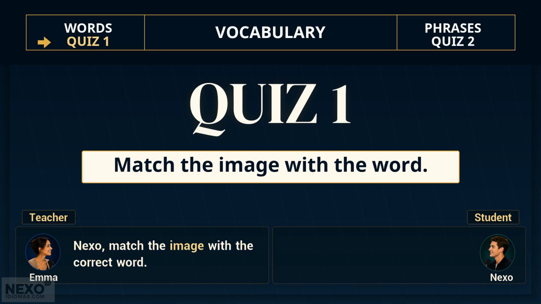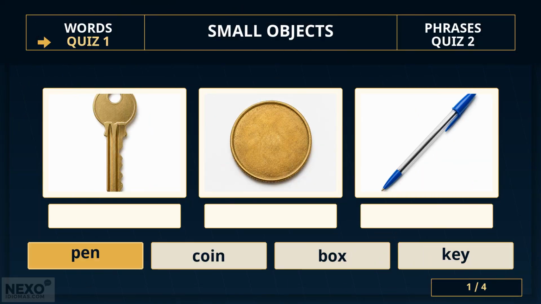Nexo, match the image with the correct word. Pen. Coin. Box. Key. What is this? Key. What is this? Coin.